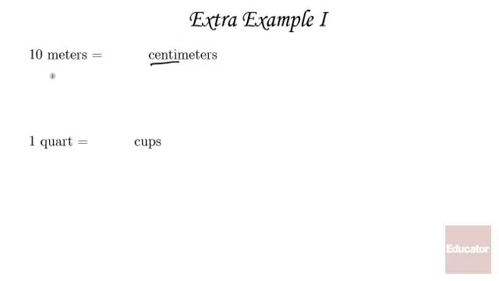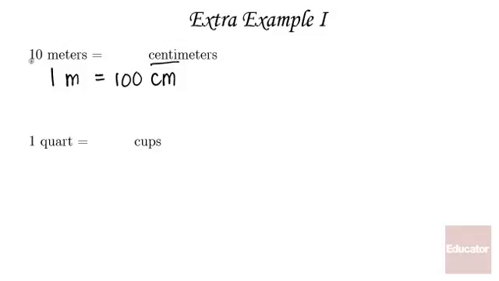So I'm just going to write that below here. 1 meter equals 100 centimeters. And this is just an easy way to do this. We're going to probably cover this again when we go over proportions in that chapter. But for now, you can just write this below here to help you.